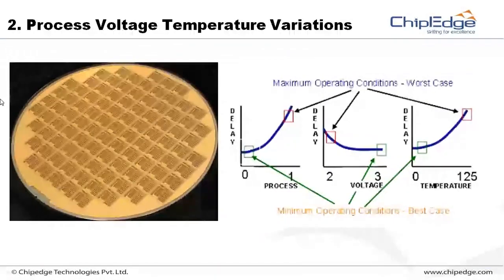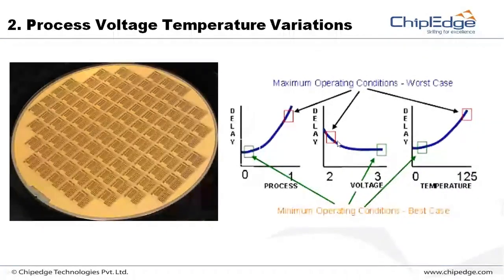PVT variations: process, voltage, temperature. See, if this is the die, this is the wafer which we have seen in our engineering subject, right? There are so many gates or ICs sitting here. Due to process variations, there can be variations in the device, so your delay varies.